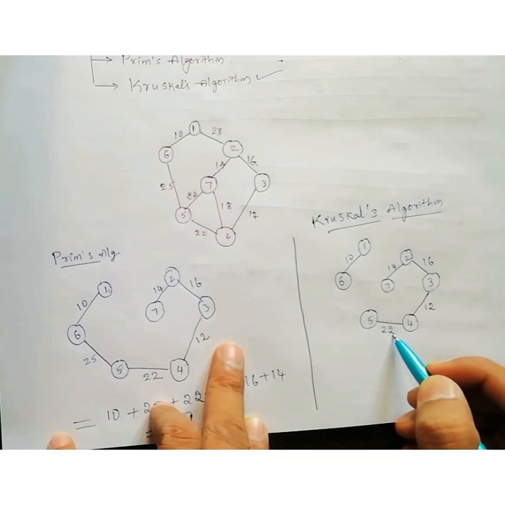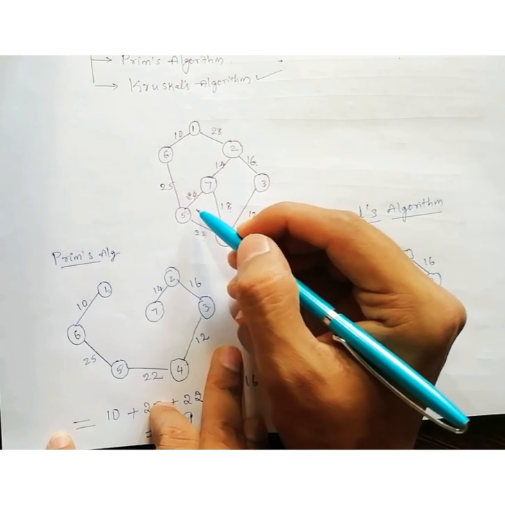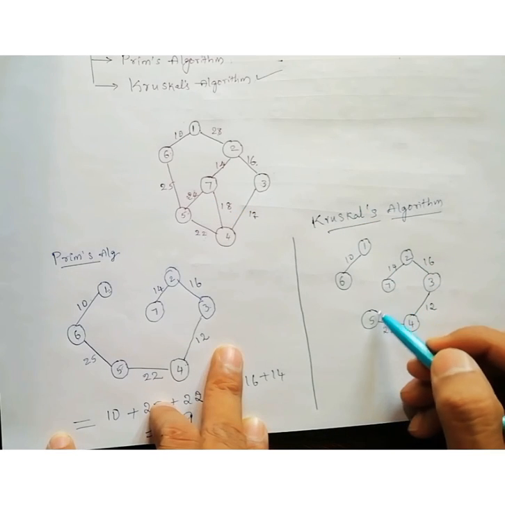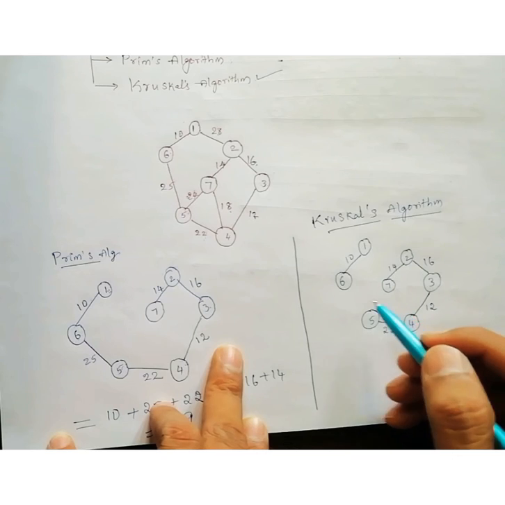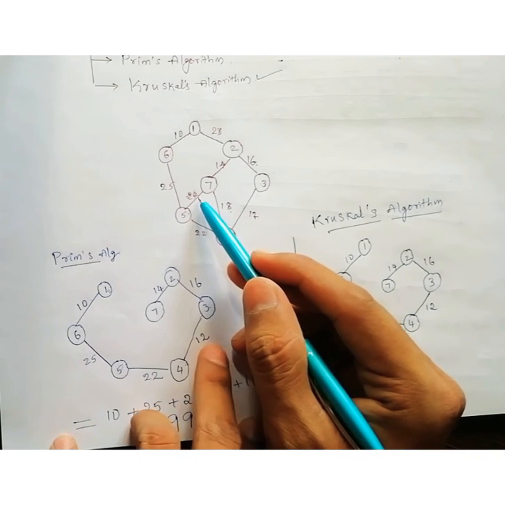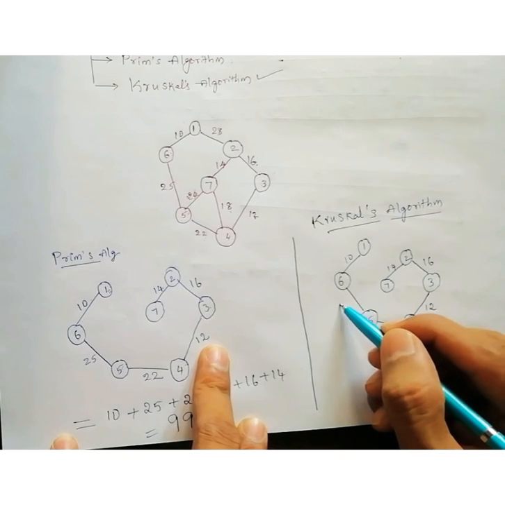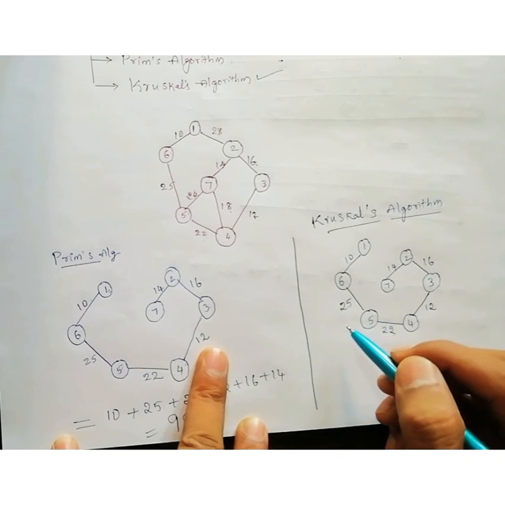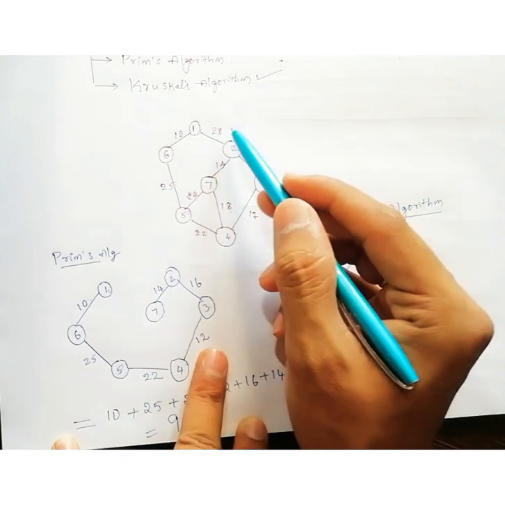So after 22, what is the next minimum weight? After 22, 24. But if you take this, again you are going to make a loop. So don't consider 24. Again after 24, what is the minimum cost? 25. So I will consider that. Next after 25, the next minimum weight is 28.